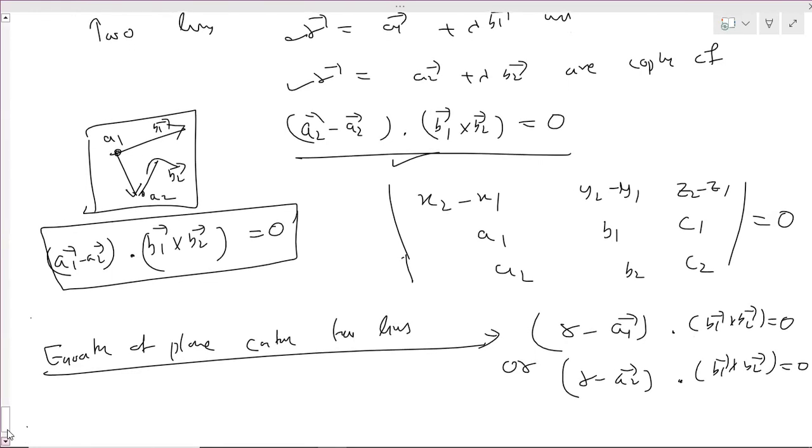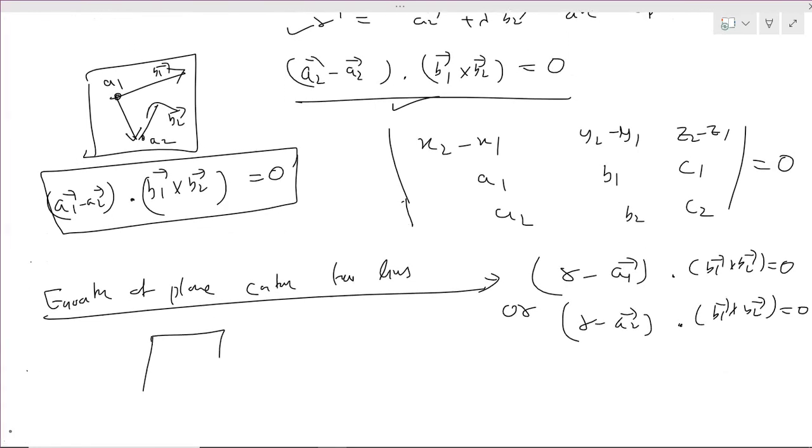We have learned only one concept, which is find the normal, take dot equals 0. If this is a line, this is another line, I can find the normal B1 cross B2 using the direction vectors. Now, if I have to find the equation of the plane, then I have to take the R vector. Now we can take either A1 or A2. So R minus A2 will be perpendicular to this. So dot equals 0.